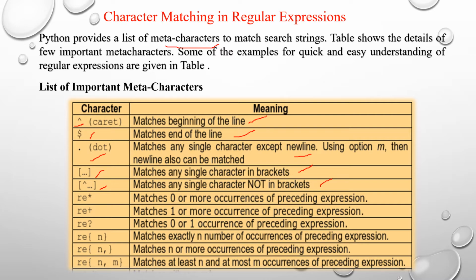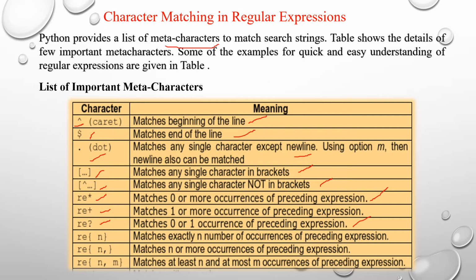So re star: the meaning of this is matches 0 or more occurrences of the preceding expression. So re plus matches one or more occurrences of the preceding expression, and re question mark: the meaning of this character is matches 0 or 1 occurrence of the preceding expression.